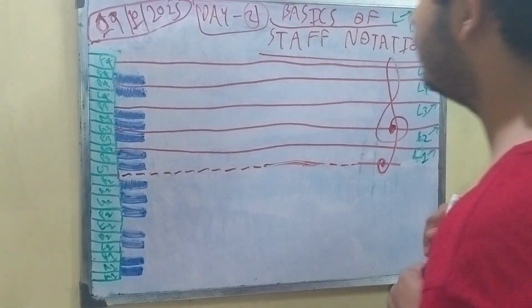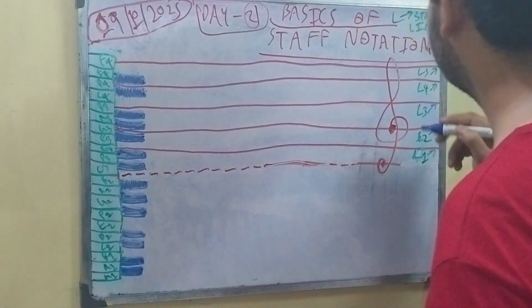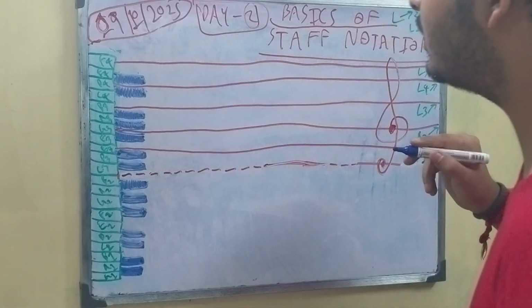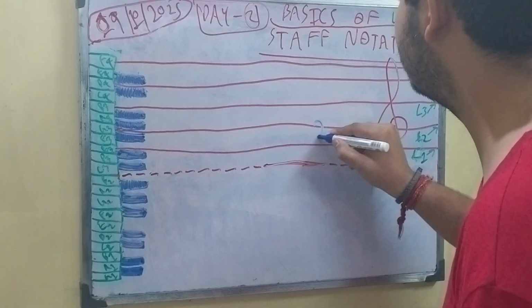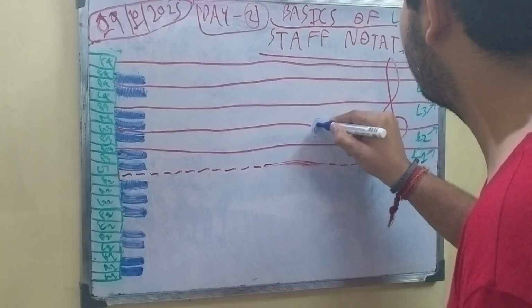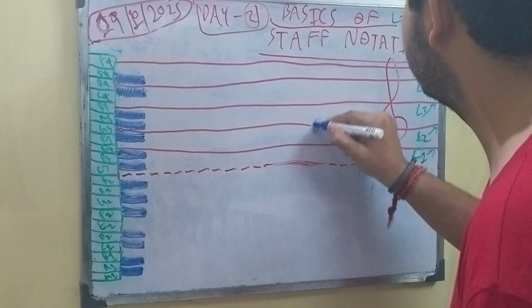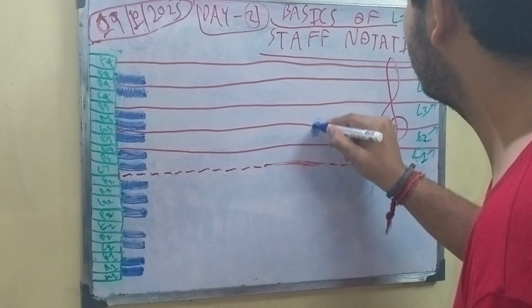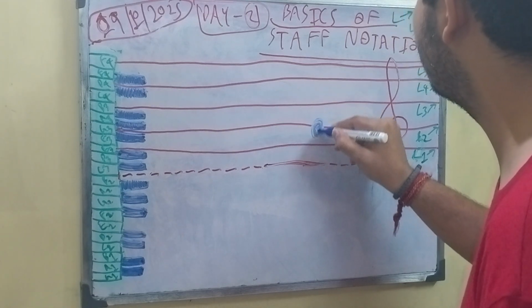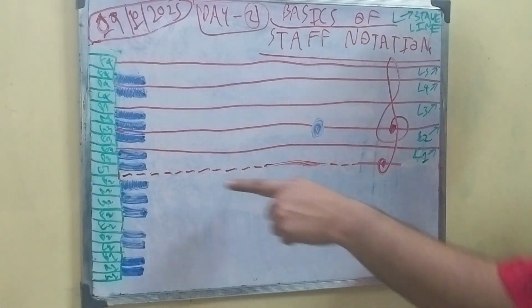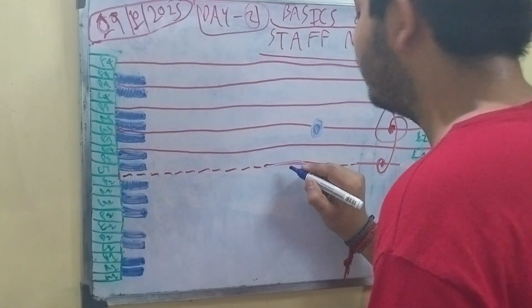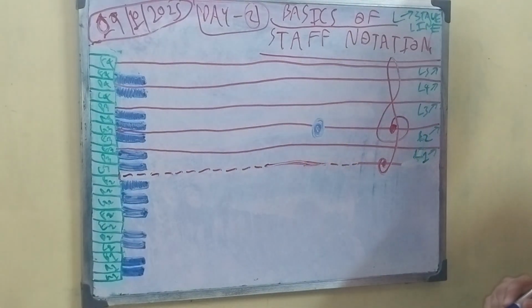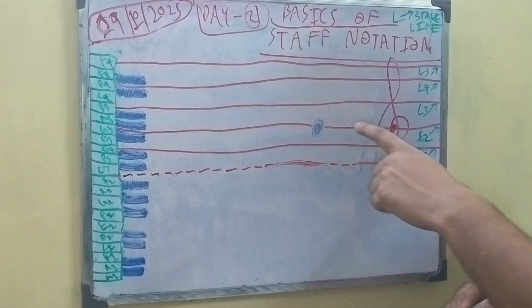Now I am going to mark. I have already drawn it. It starts from G, G3. G3 is the second stave line. A closed circle. After G3, below there is always 2 less.